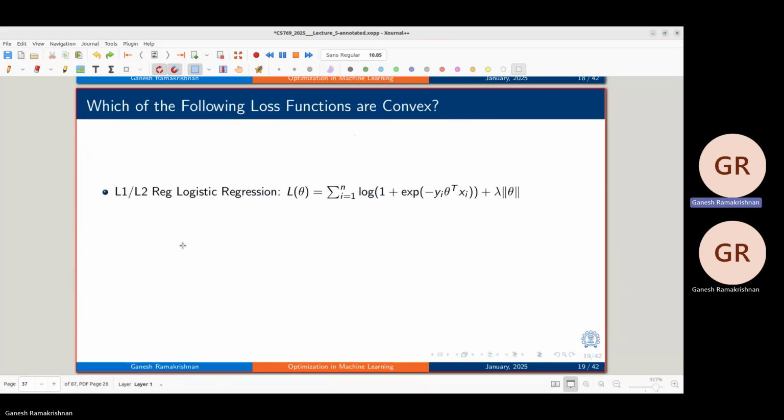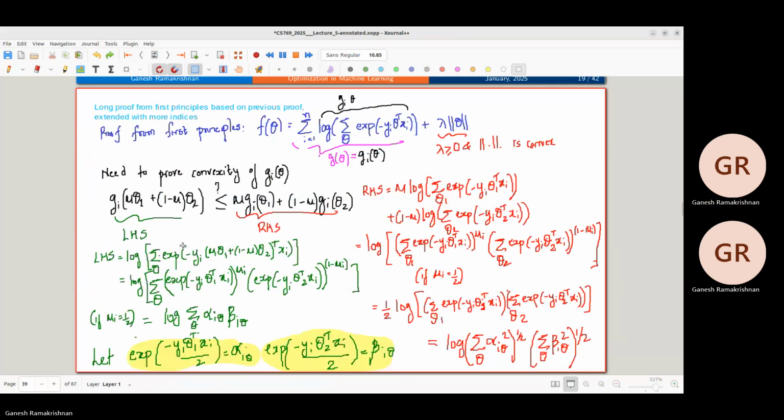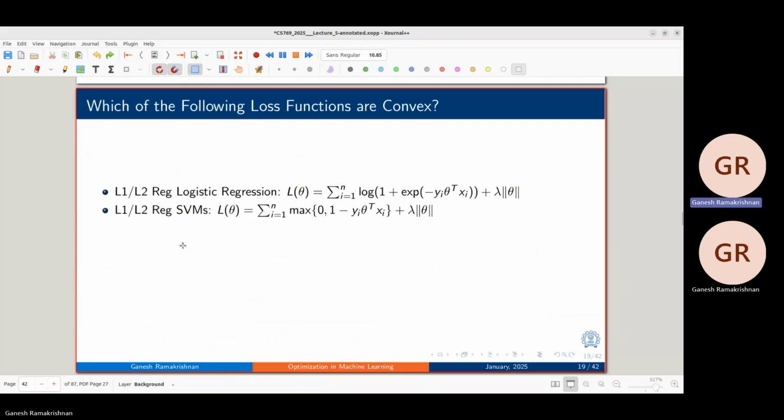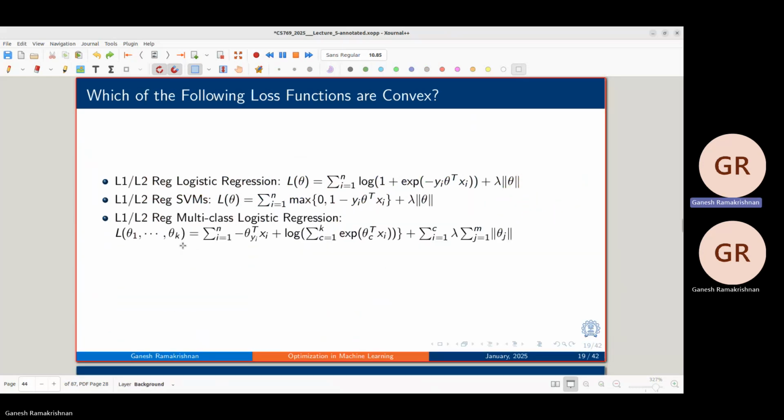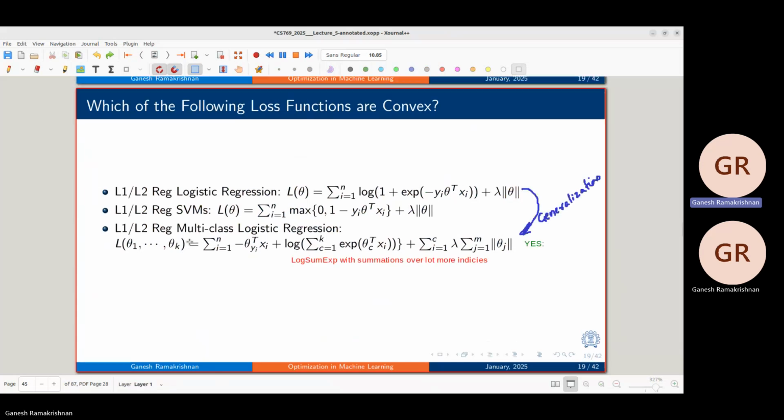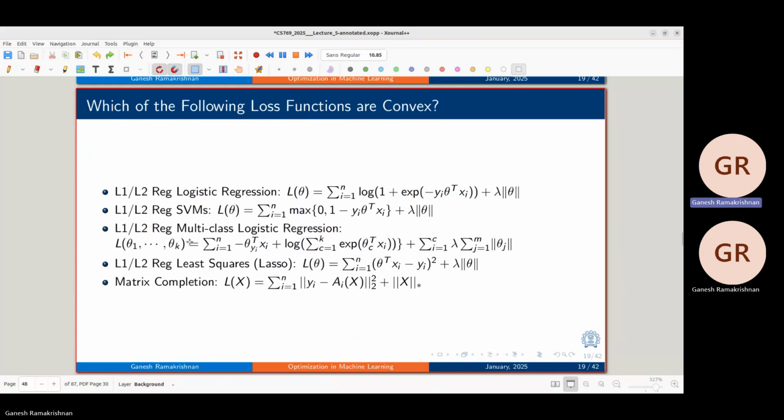L1, L2 regularized logistic regression. L1, L2 regularized SVMs. L1, L2 regularized multi-class logistic regression. Least squares, L1, L2 regularized as well. Matrix completion, is that convex? And softmax contextual bandits, are they convex?